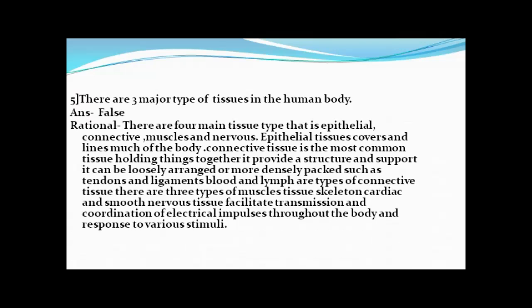It can be loosely arranged or more densely packed, such as tendons and ligaments. Blood is a type of connective tissue. There are 3 types of muscle tissue: skeletal, cardiac, and smooth. Nervous tissue facilitates the transmission and coordination of electrical impulses throughout the body and the responses to various stimuli. So the answer is false.